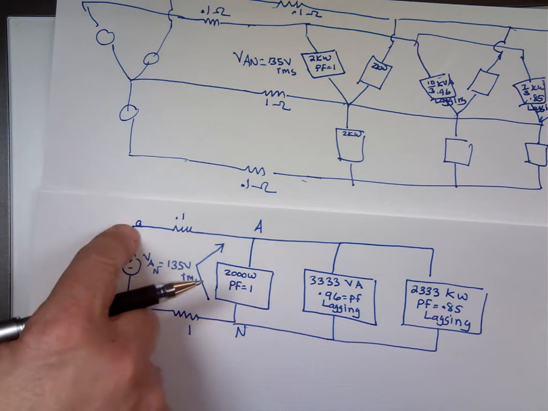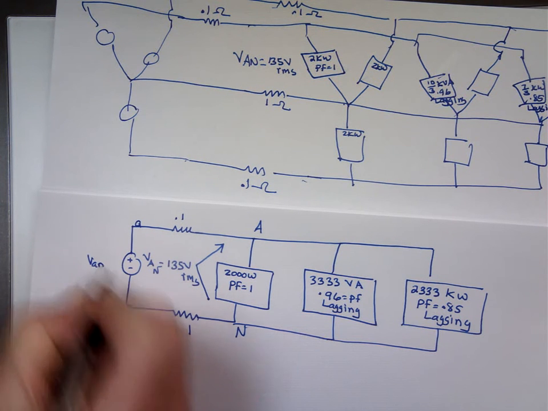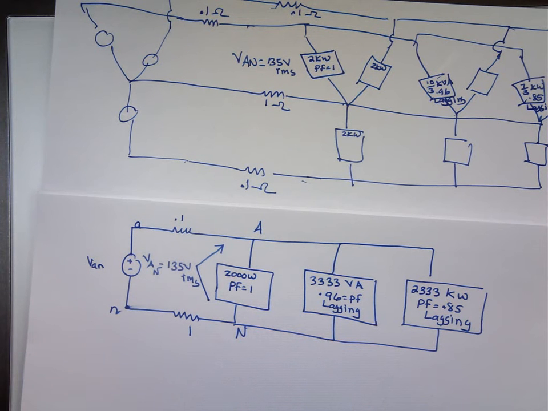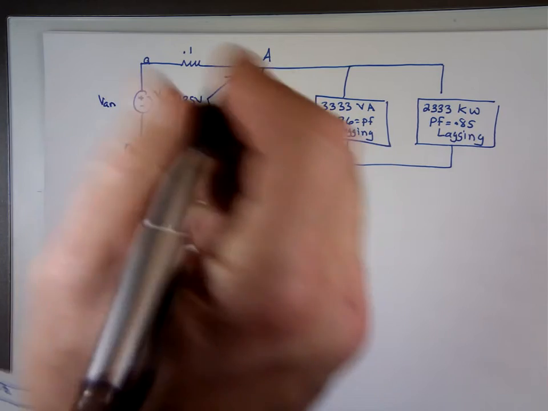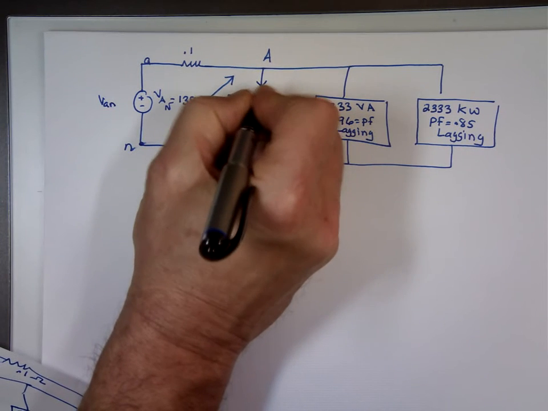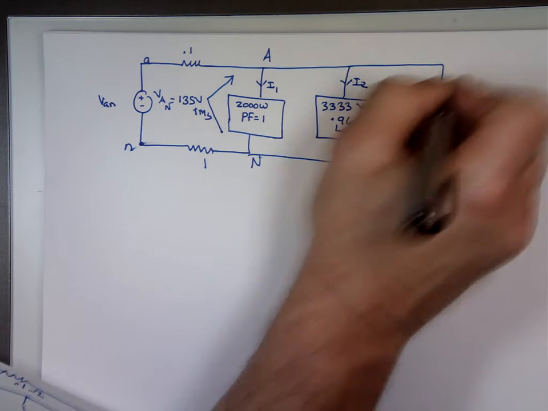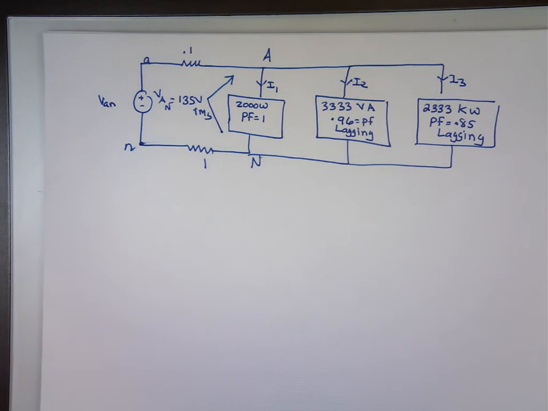Once I know the line, then I know little VAN here. That's one of the questions, the fifth one: what is the voltage of the source? And this becomes like one of the old problems we had before. We can look at each one, calculate the current going through them. We'll call this I sub 1, I sub 2, I sub 3. You can use complex power or anything you want to use.